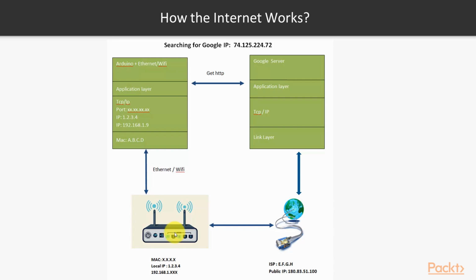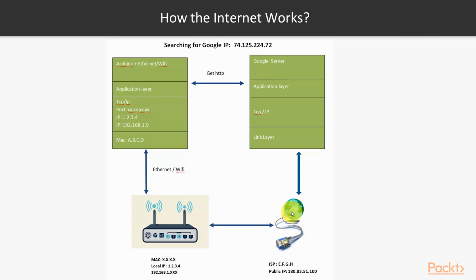Now your router knows who is sending this message and where it has to go. Then it stores that information in a location. Then it passes this information to your ISP provider. It says that this is the target destination, and for your ISP, the source is your router, not your device, because your ISP is only talking to your router.